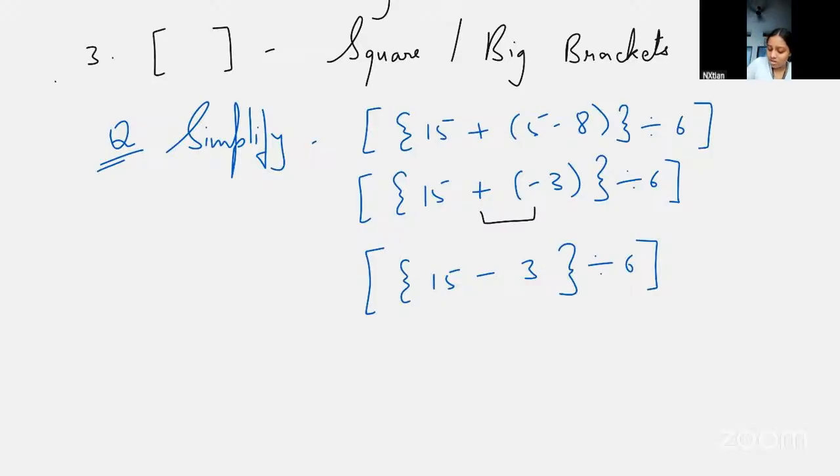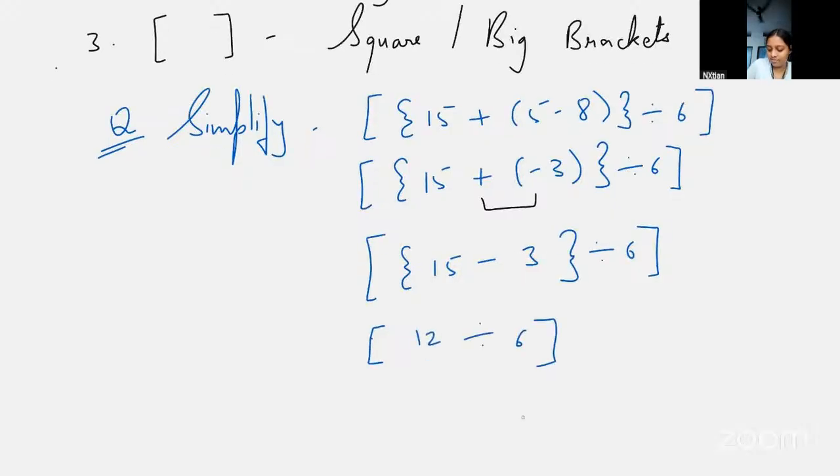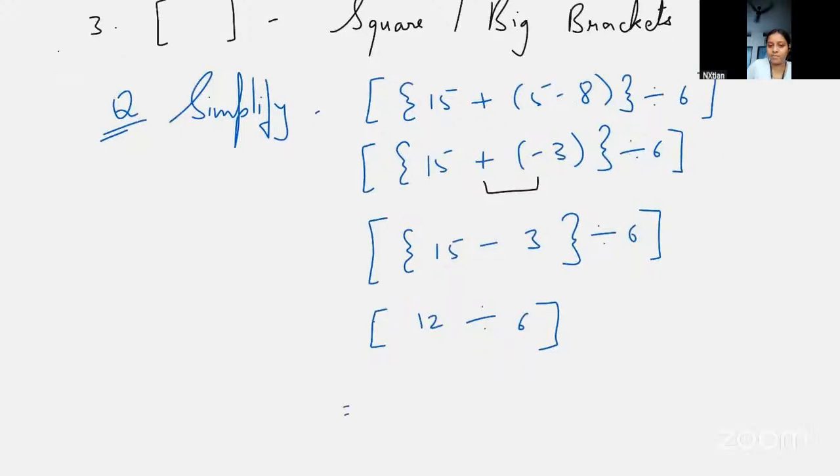So now 15 minus 3 is how much? 12. So 12 divided by 6. What's the answer? 2.